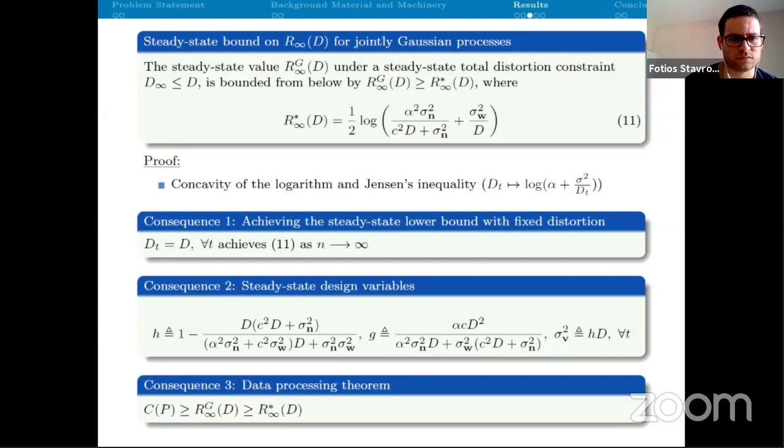A second consequence is that from consequence one, we can design the steady state variables of the optimal linear realization that achieves our optimization problem. And a third consequence is that from data processing theorem, the Gaussian channel capacity admits a further lower bound given by equation 11.